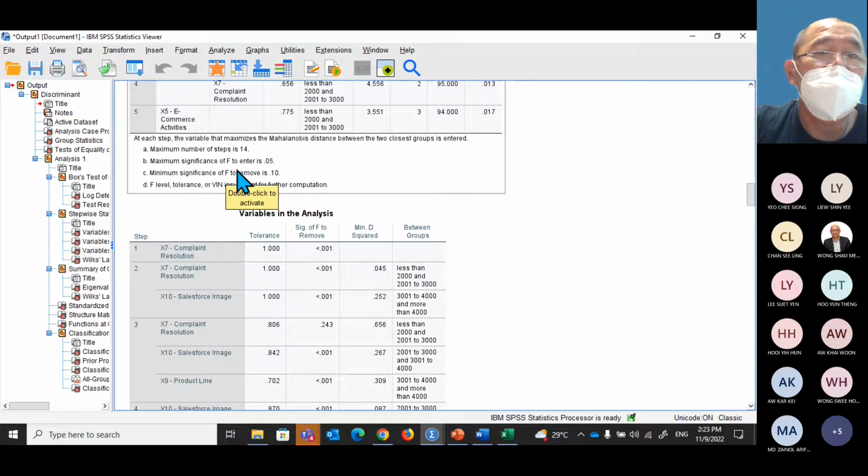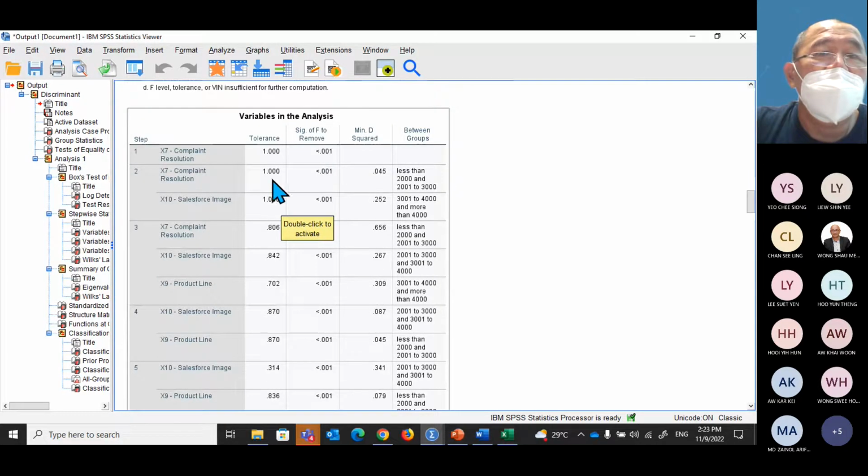Maximum significance of p is 0.05, therefore that is the value we use; until 0.05 we should consider and enter. The removal value 0.1 is in the setting just now. So in model 1 they enter the complaint resolution because the p-value for the F is less than 0.01.